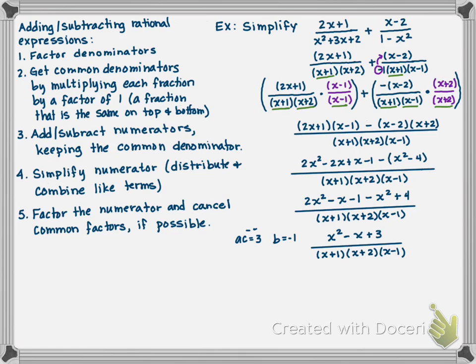So these would have to both be negative, and the only possibility is negative 1 and negative 3, which definitely don't add to negative 1. So the numerator can't be factored, which means that we can't simplify this fraction any further, so we're just done. You just leave it. That fraction is what we get when we add those other two fractions.